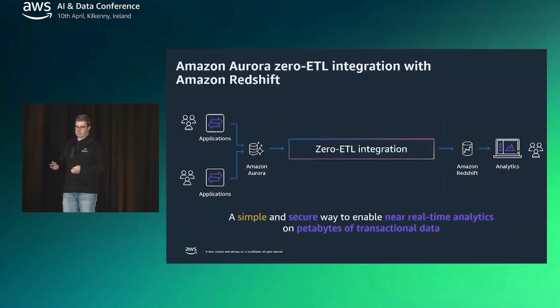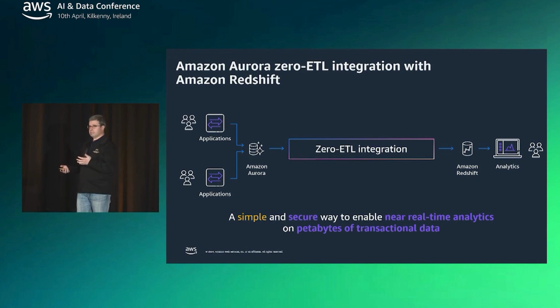So we're trying to take this and offload it from you to us, and we will be providing this as a service. So it will be much easier to just spin up this integration between your relational database, Aurora MySQL in this case.